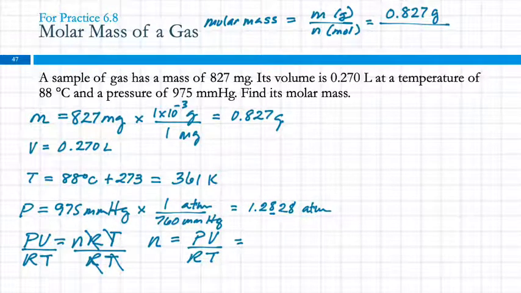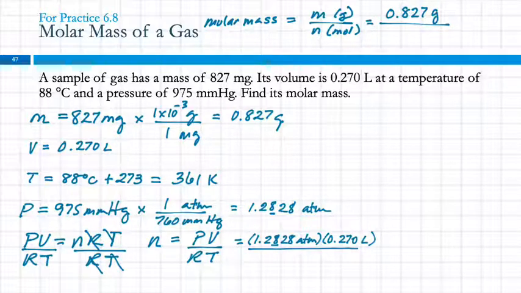Now that I have the correct units, I can plug these into my equation. The pressure is 1.2828 atmospheres. The volume is 0.270 liters. R is 0.08206 liters times atmospheres divided by moles times Kelvin.